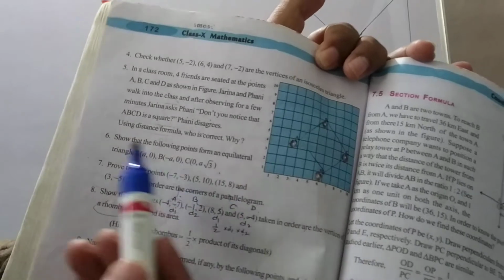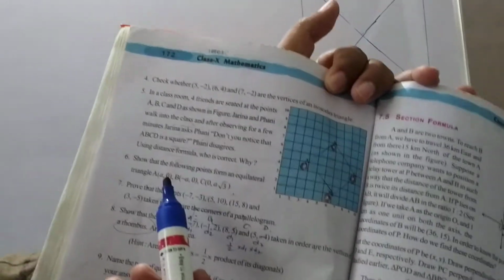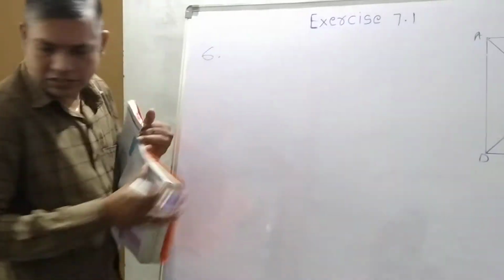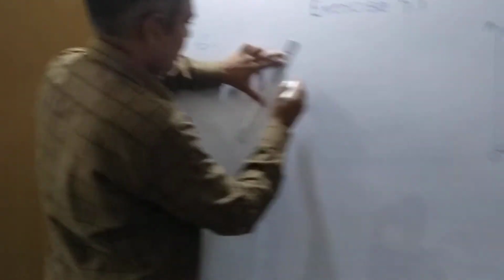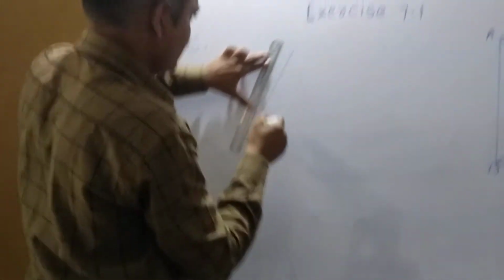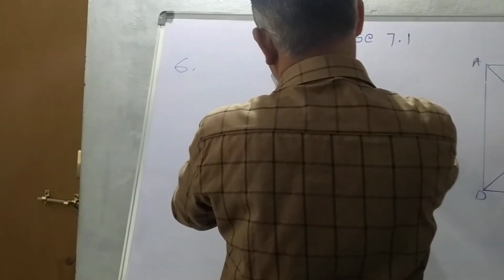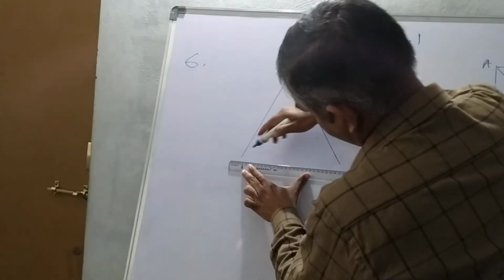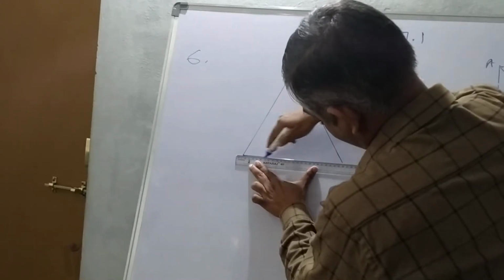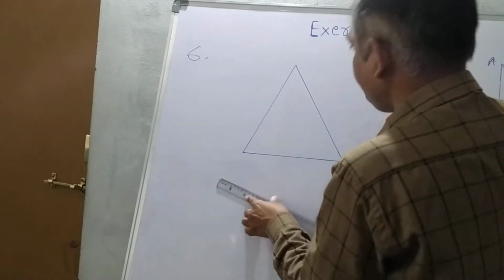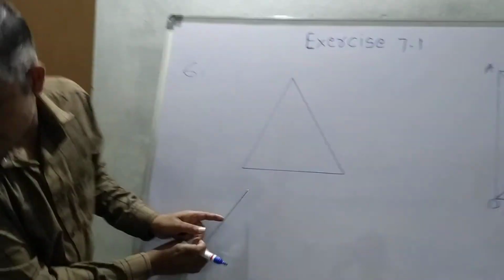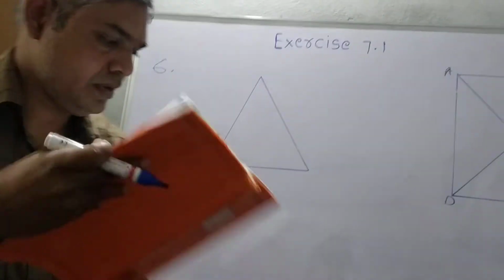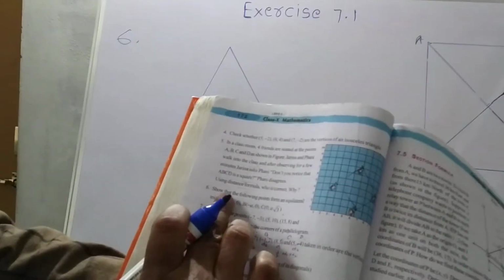First you have to draw an equilateral triangle in your textbook notes.